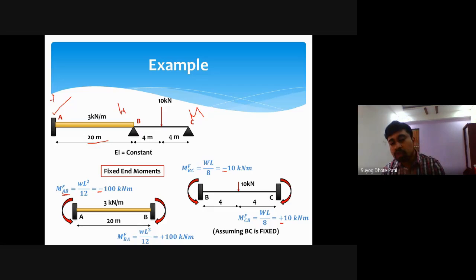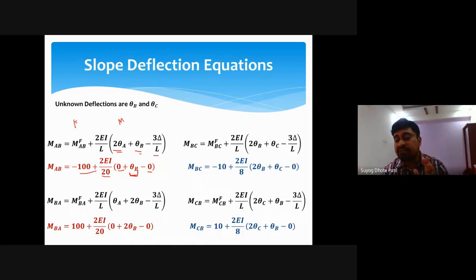So for both cases, theta A will be 0, and theta B exists because rotation is possible at joint B. Delta is not possible, since joint A is fixed, so delta is 0. So MAB will be minus 100 plus 2EI by 20 into theta B, which will be the final equation.